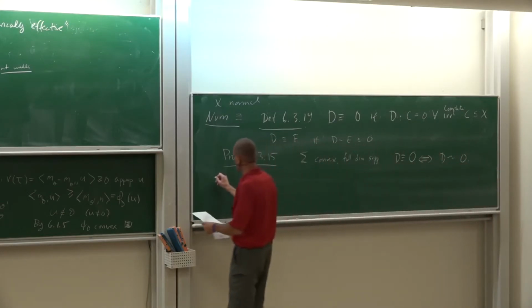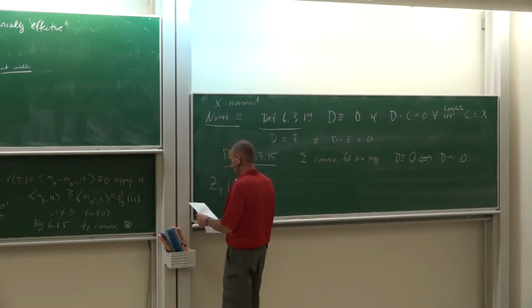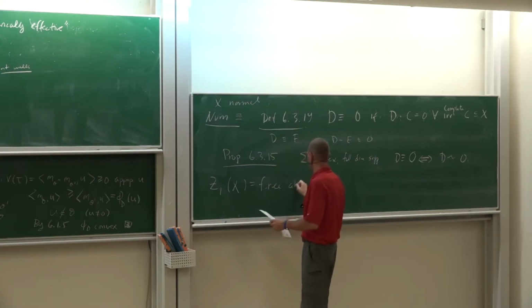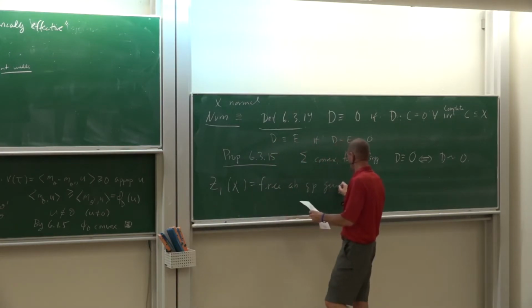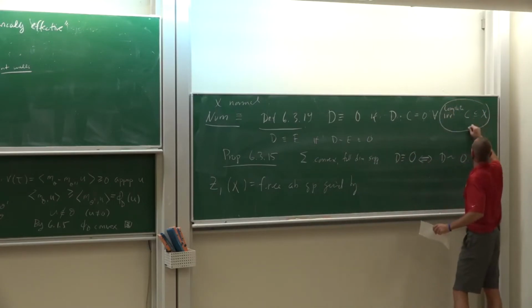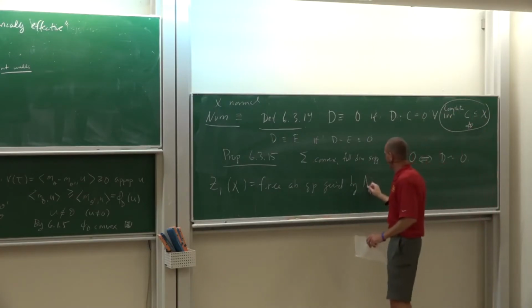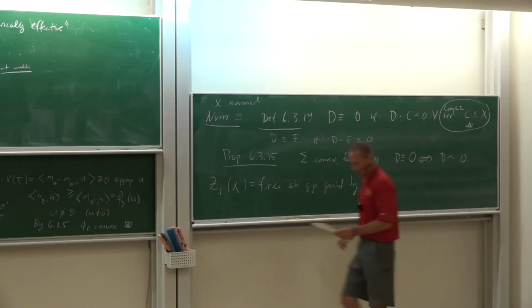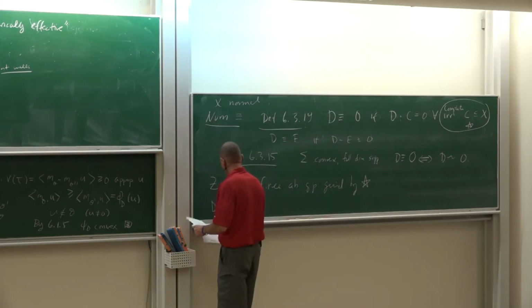So now some objects that we're going to need. Z1 of X is the free abelian group generated by irreducible complete curves, and a definition.